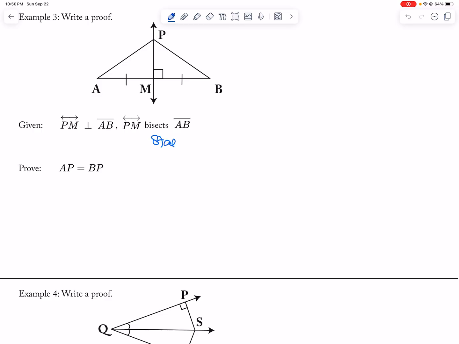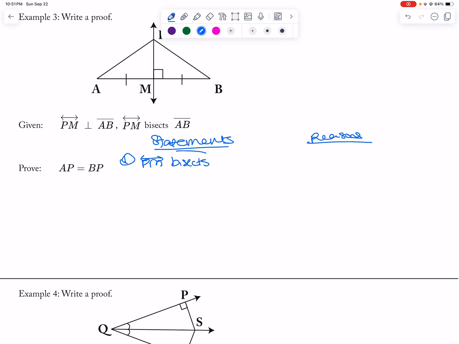So statements, reasons. AM is congruent to BM. I guess we should have done the bisector first. So let's go back. I should have written that PM is a bisector of AB, and that's given.